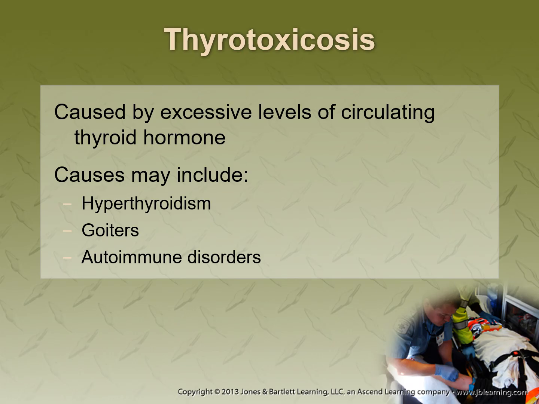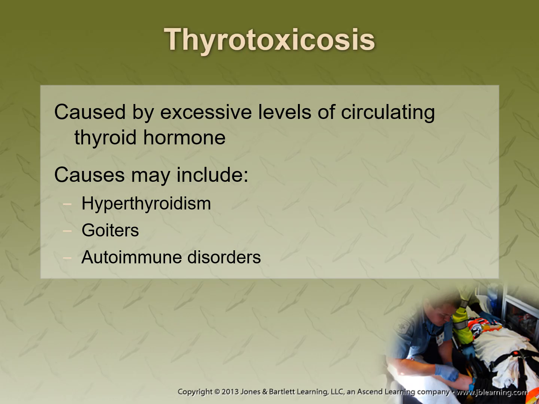Thyrotoxicosis is when you have a big dump of those hormones, and you don't have to have the goiter. It doesn't have to be an autoimmune disorder, but it often is. But you get just this huge amount of the thyroxine, or T3 and T4, and all of a sudden your heart rate is 180.